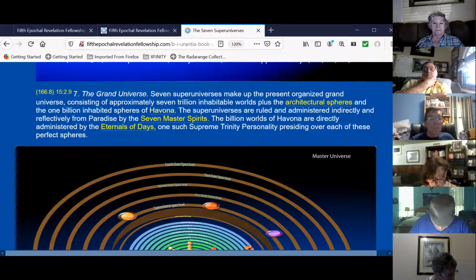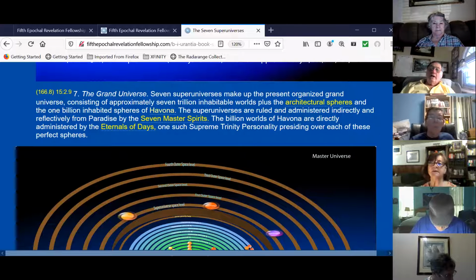The super universes are ruled and administered indirectly and reflectively from Paradise by the 7 master spirits. The billion worlds of Havona are directly administered by the Eternals of Days, one such supreme Trinity personality presiding over each of these perfect spheres.